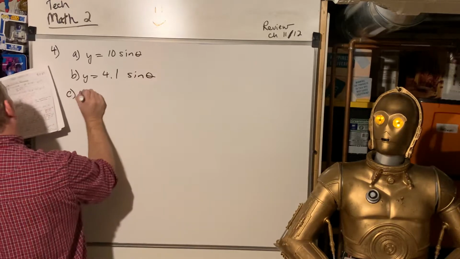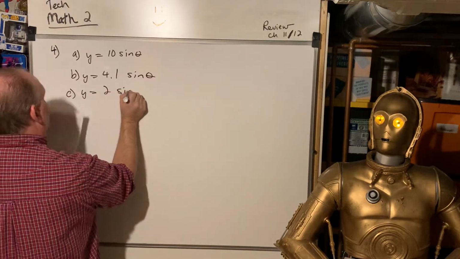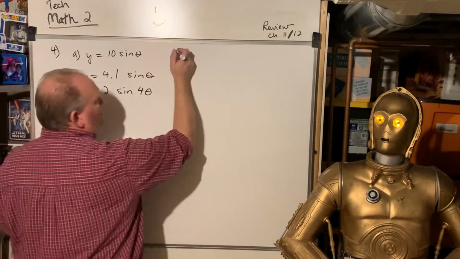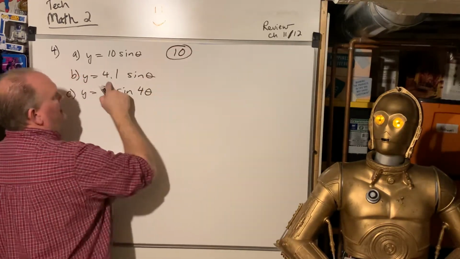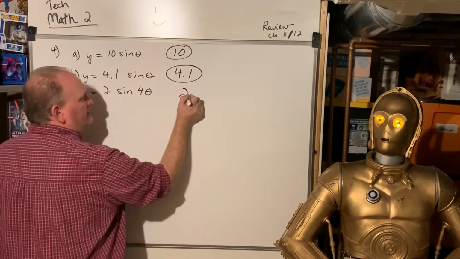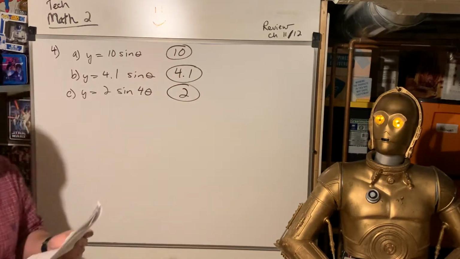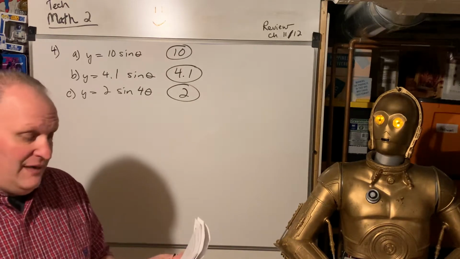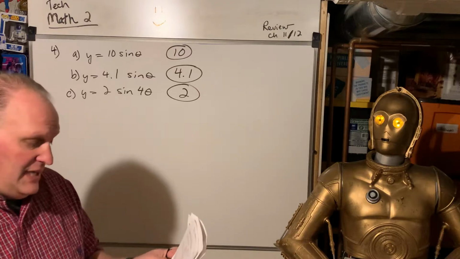And C is y equals 2 sine 4 theta. And so the amplitude is going to be the maximum amount. So this one is 10, this one is 4.1, and this one is 2. And that's it. So amplitude is always going to be the max. It's also going to be the min, like a -2, a -4.1, -10.